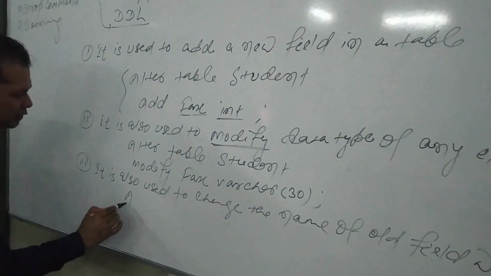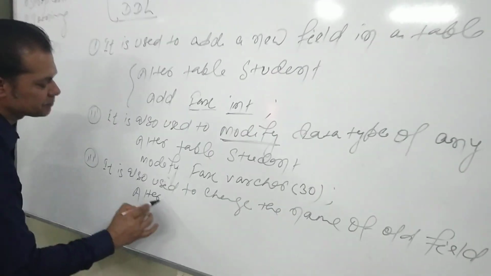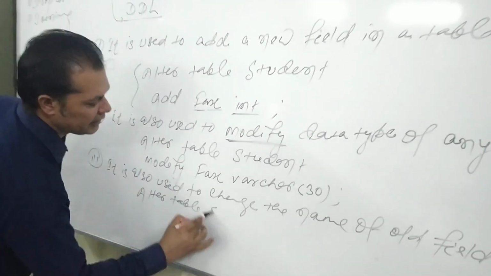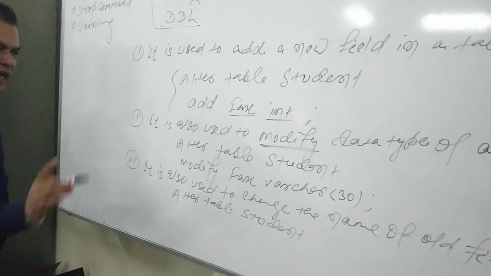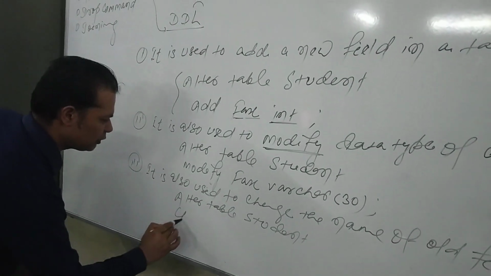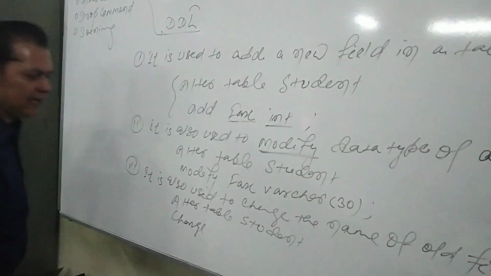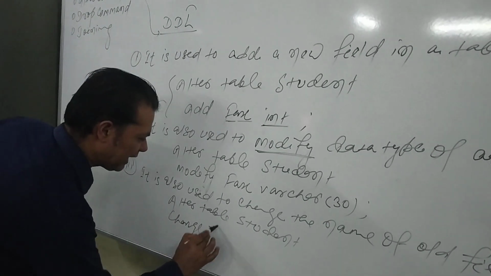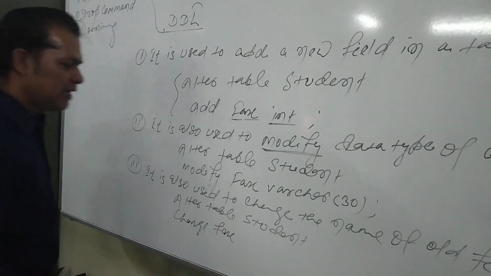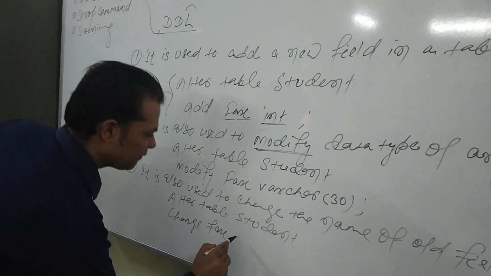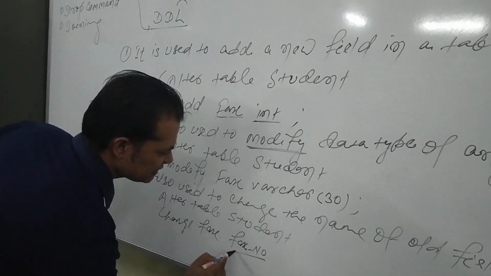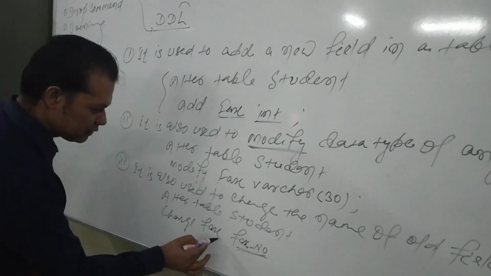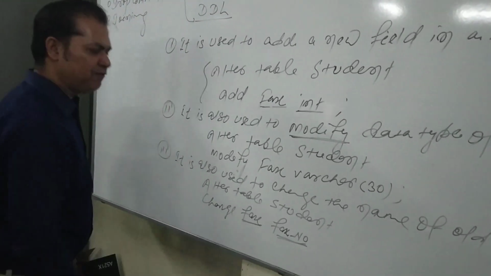For this purpose, we'll use alter table name. This is of course student, and then since you want to change, the command is change. Then the old field name, suppose facts. Now you want to say facts number. This is the new field name you want to assign. This was the old name of the same field, facts.